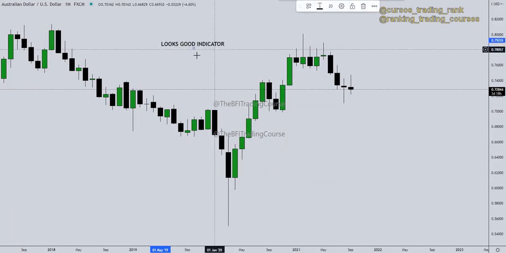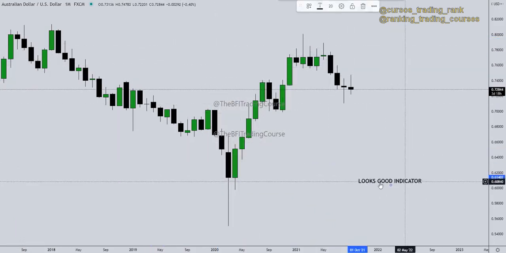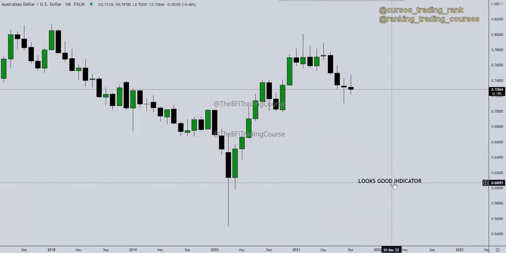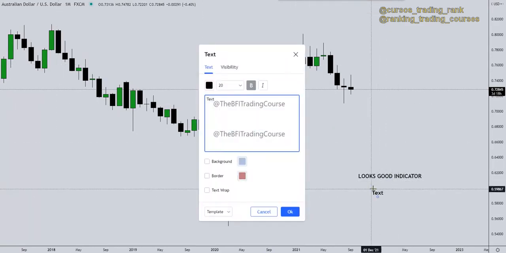Now, anyone who's seasoned, we want to take advantage of this looks good indicator. Now, what do I mean by this? Well, this is when we see the overall structure of the trade. So we have the monthly context.